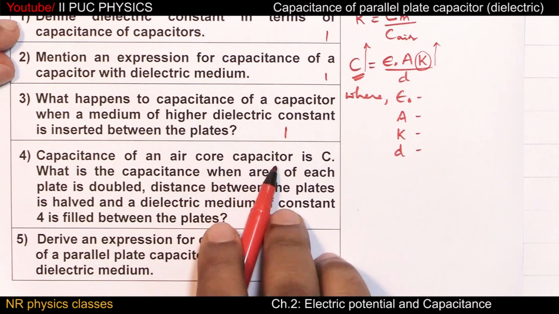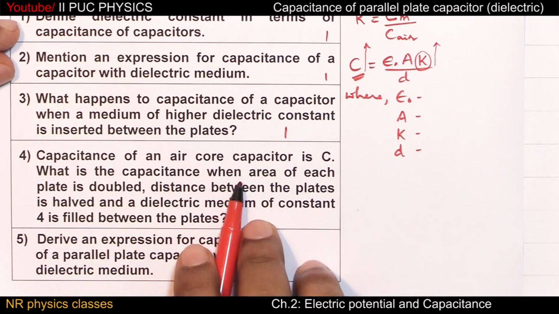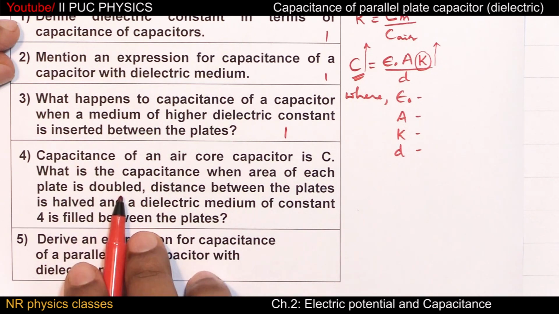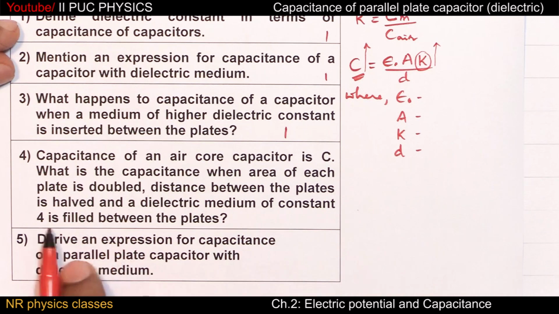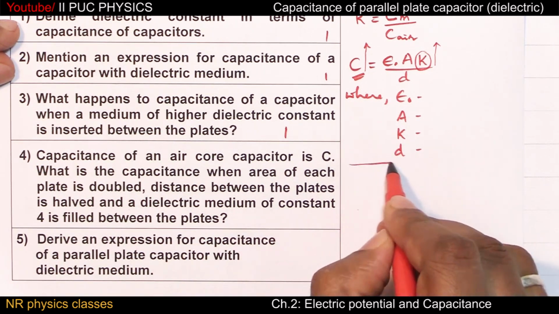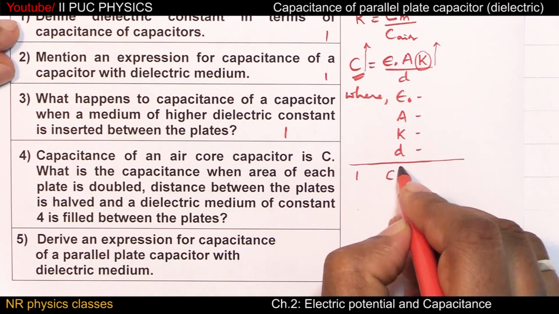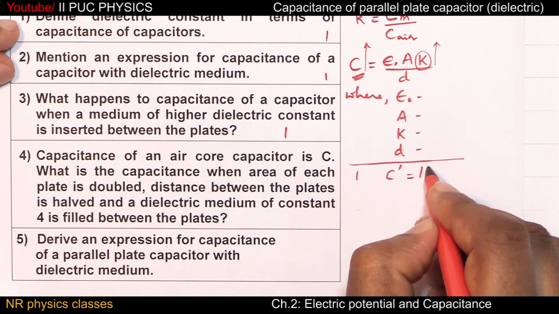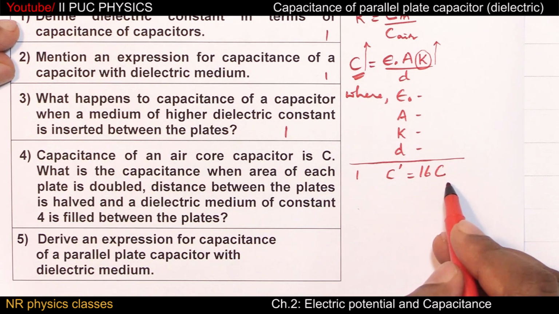Capacitance of air core capacitor is C. What is the capacitance when area of each plate is doubled, distance between the plates is halved, and a dielectric medium of constant 4 is filled between the plates? If this question is asked for 1 mark, then C dash equal to 16 times C. If you write the answer, that's enough.